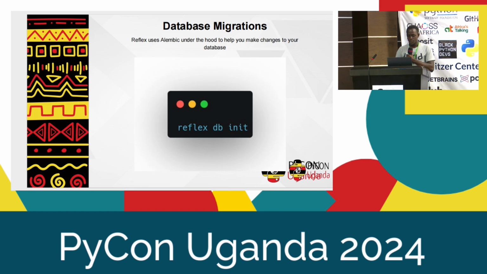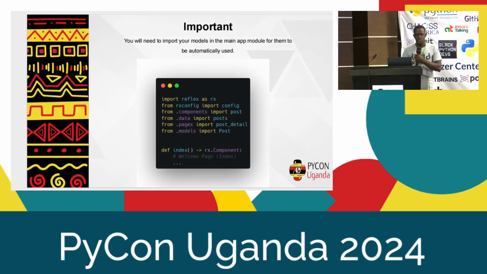For creating your migration environment, you're always going to run reflex db init, and that will create the migration environment. Each time you make a change on your database model, or create a new database model, it's important that you import it in the main application module.